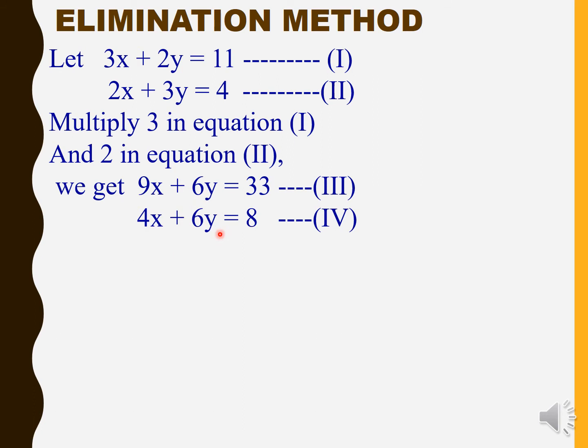Now we can subtract these two equations and we'll get something only in terms of x, and from there we can calculate the values. We could have also multiplied 2 in equation 1 and 3 in equation 2. If we had multiplied 2 in equation 1, the first term would have been 6x, and if we multiply 3 in equation 2, we would have got 6x.